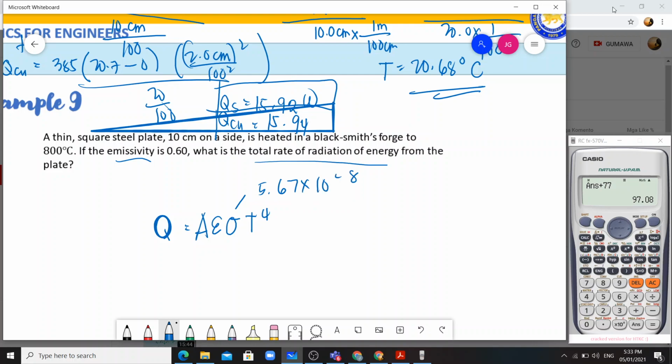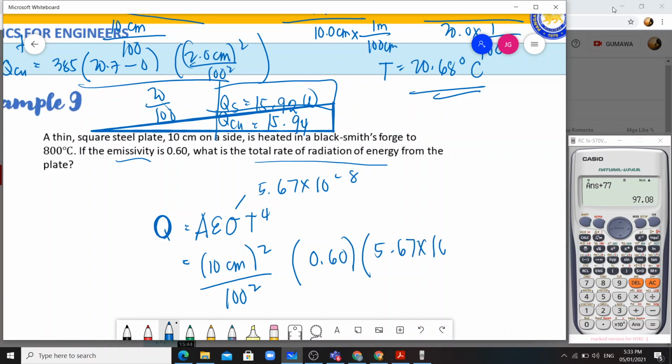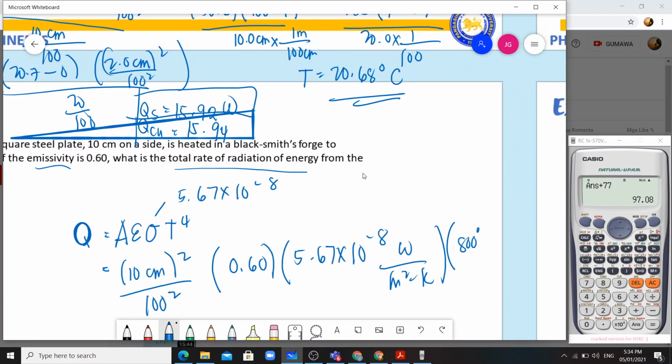Okay. So, ang area natin is a square steel, 10 cm on each side. So, 10 cm squared over 100 squared, gawin na natin siyang meter. Conversion lang to ha. Emissivity is 0.60. 5.67 times 10 raised to negative 8 watts per meter squared Kelvin. And then T is 800 degrees Celsius plus 273, kailangan Kelvin, raised to 4.